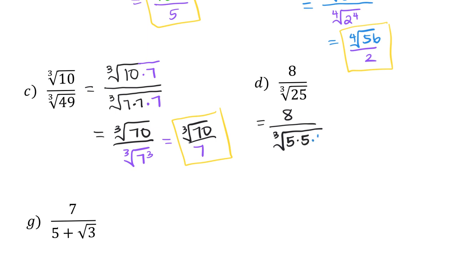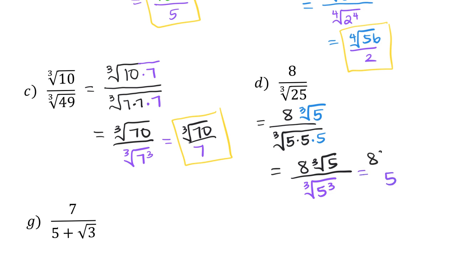I need another 5. If I need it at the bottom, I need it at the top. But this is a third root of 5 and there's no radical, so let me write third root of 5 at the top. Let's see what we get. So 8 third root of 5 is just that. At the bottom, I have the third root of 5 to the third, which is 5.